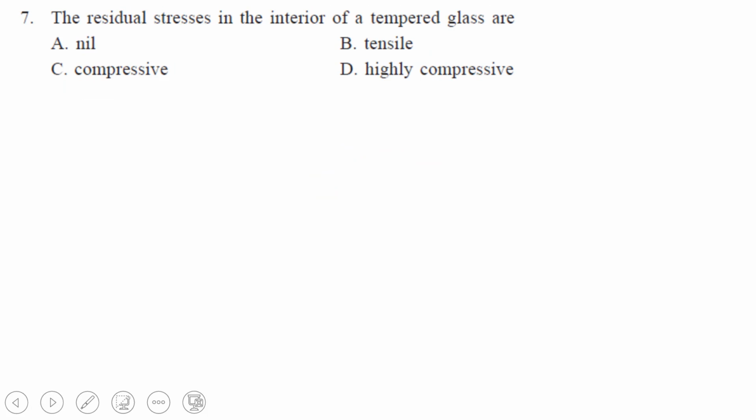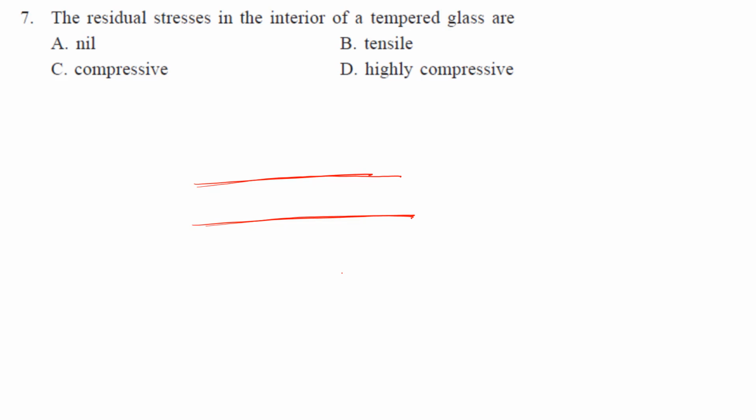Right? The residual stresses in the interior of a tempered glass are. So suppose this is a tempered glass, then what happens? How do we do this tempering? We make this glass and in the hot condition we supply air at the top surface, right? So this cools, tries to contract, and contracts freely because in the middle the temperature is still high, since it has low thermal conductivity.